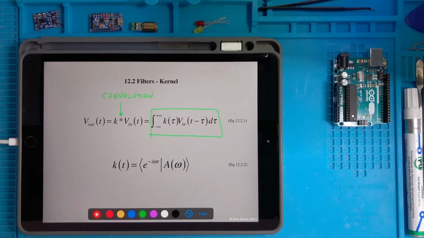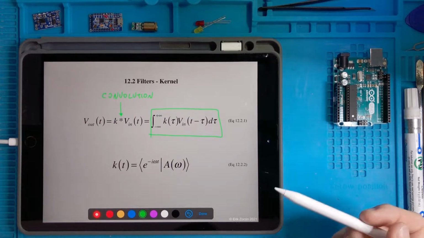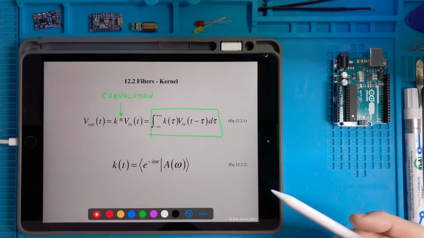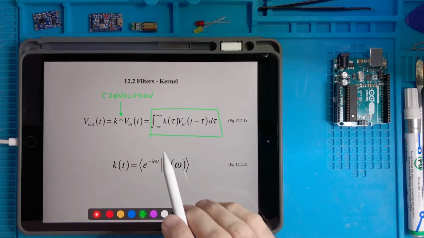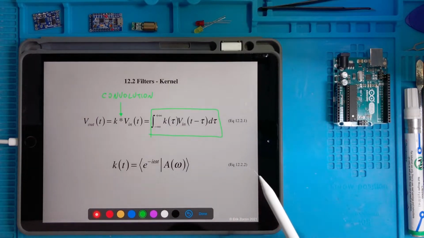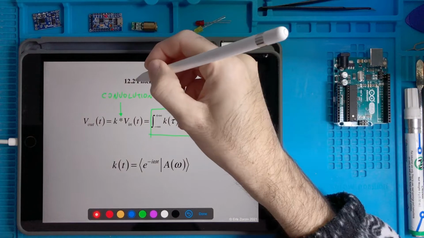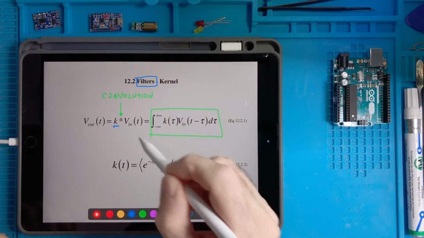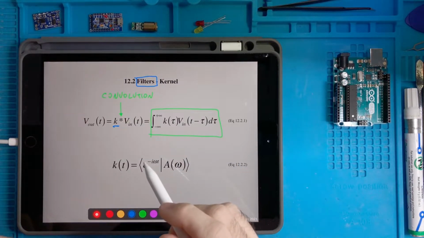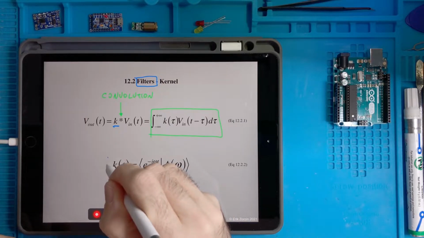I don't want to go into the details of this, because we will not use this in this course, but I just want to mention that this kind of object, kernel, and this kind of operation, convolution, is something that you might meet when you speak about transfer functions of things that are called filters. And there is a relation between this K object and the transfer function of a filter, and the relation is this one.